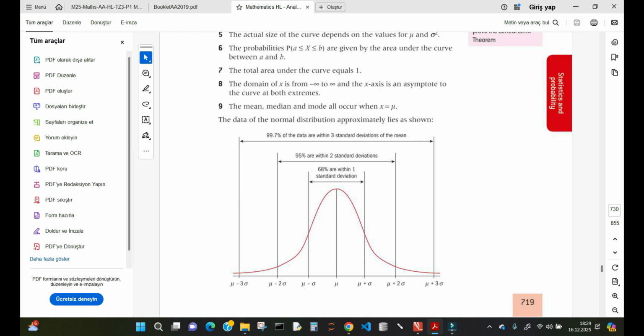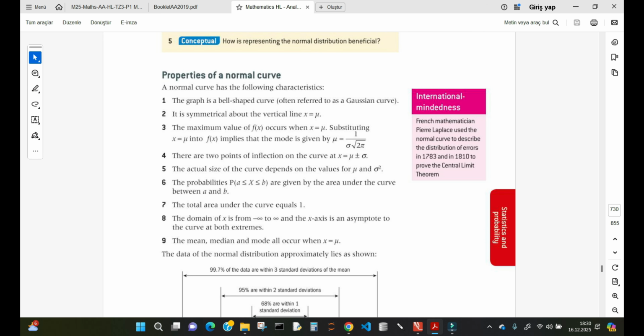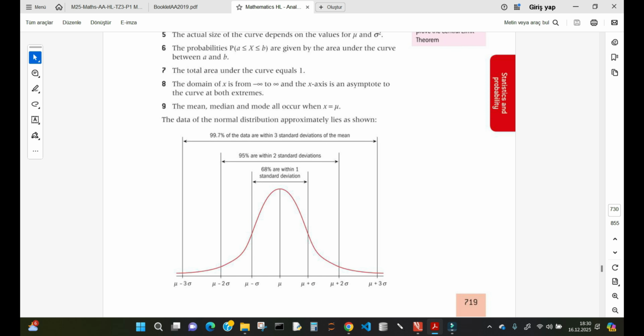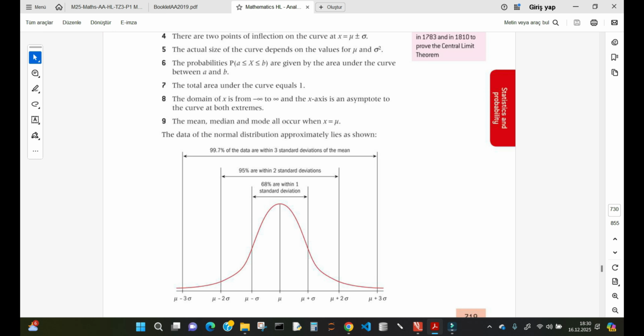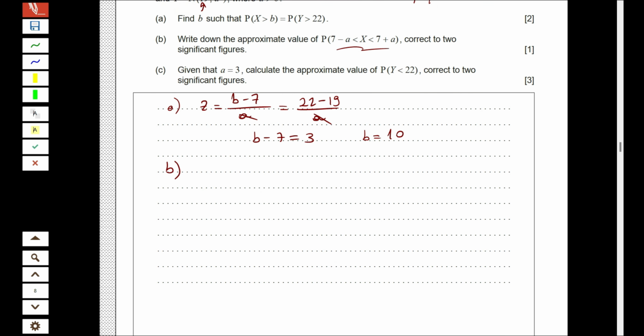But when you check the attribute of normal distribution in your IB book, for example, this is the Oxford book, you will see from the graph that if the middle is the mean, between mean plus one standard deviation and mean minus one standard deviation, the area of this region will be 68 percent. So the probability which is asked for is going to be 68 percent. You can write 0.68. Okay.